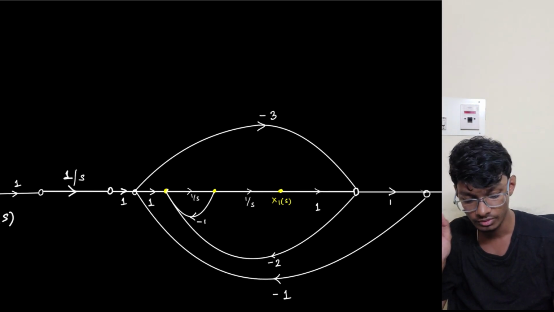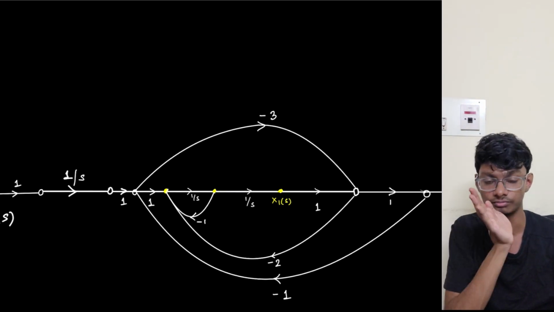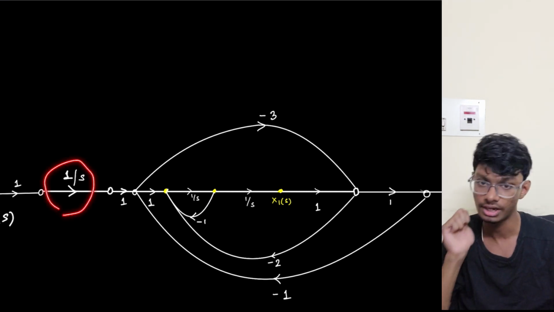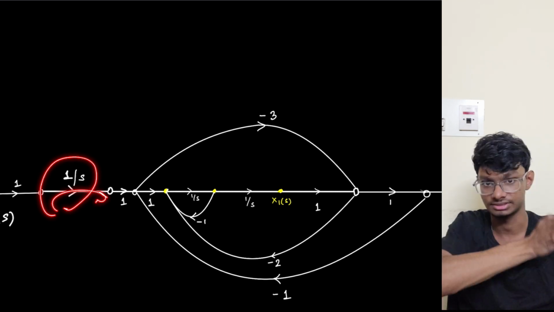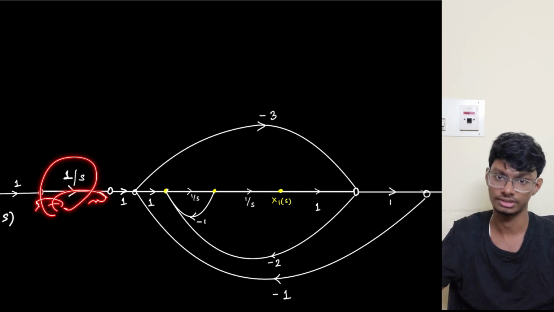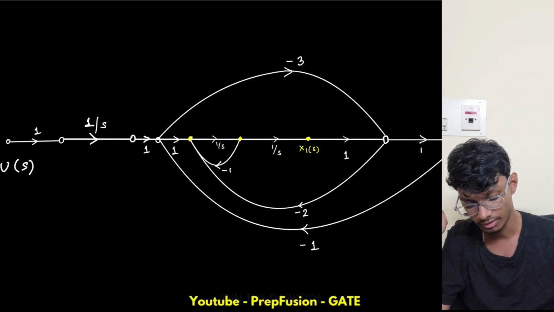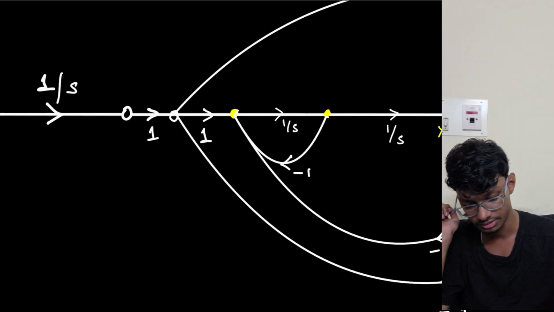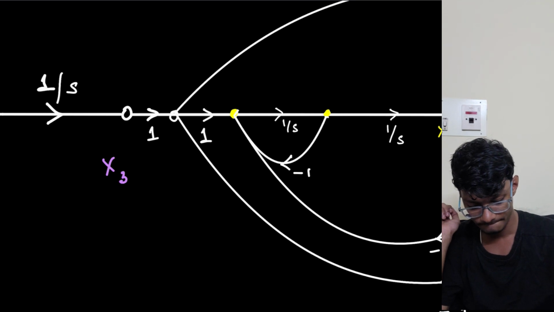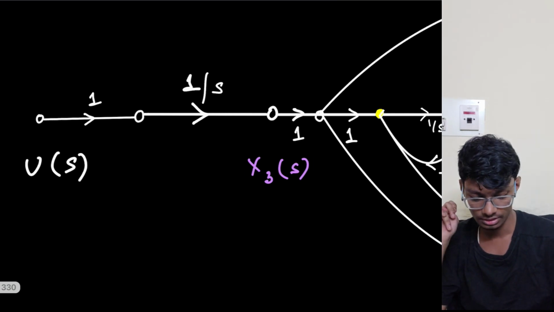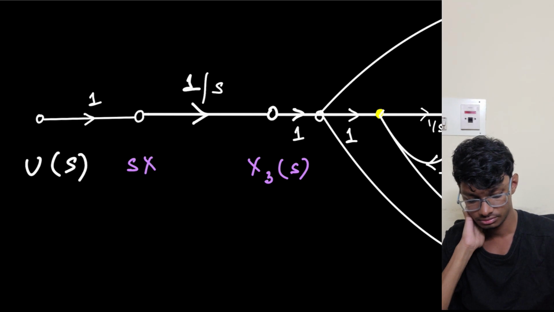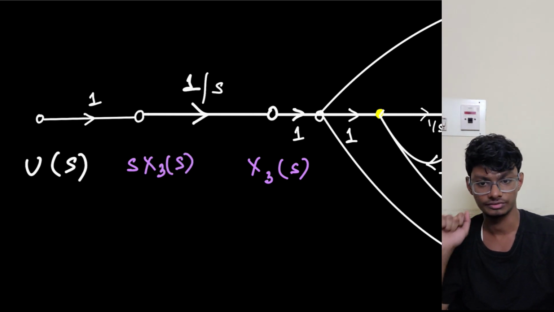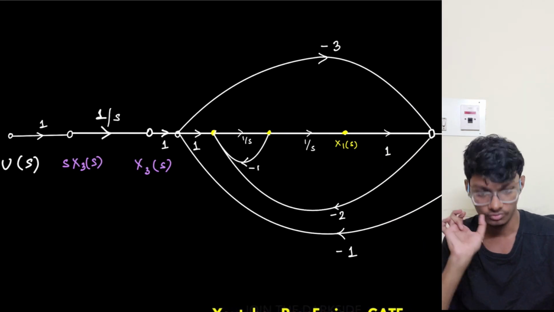I will write the x3 just after the last 1 by s, just near the input. So just after this I will write my x3, so that I can get s times x3 here. So I will write here x3 of s. So this is s times x3 of s.